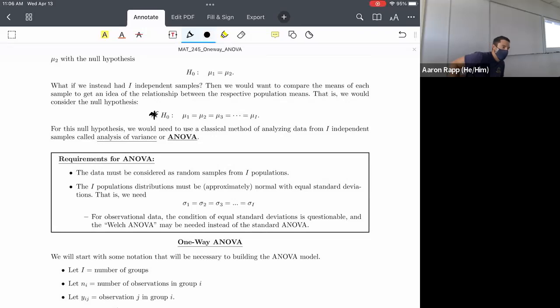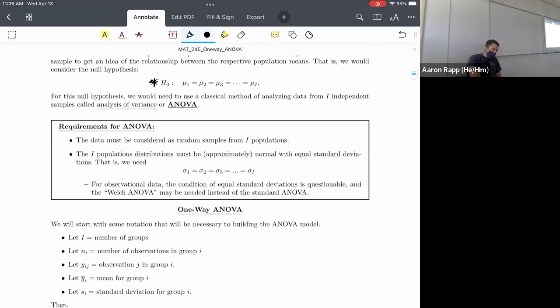Mu1 is equal to mu2 is equal to mu3 is equal to, all the way to the very last population mean that we get from our last independent sample. Okay. So we want to do this type of comparison. We're going to use this test called analysis of variance, or for short, ANOVA. So AN for analysis, the O for of, and VA for variance.